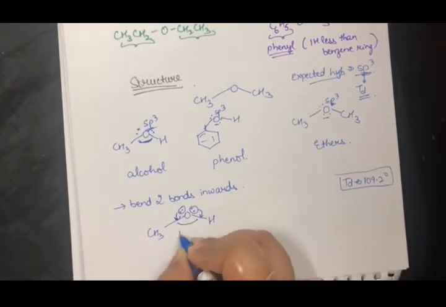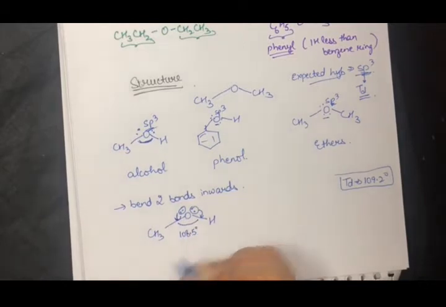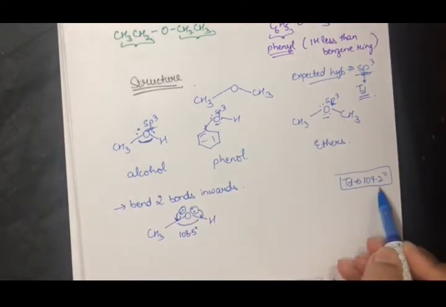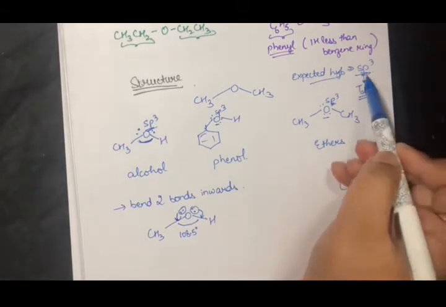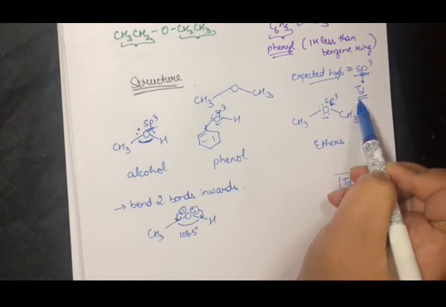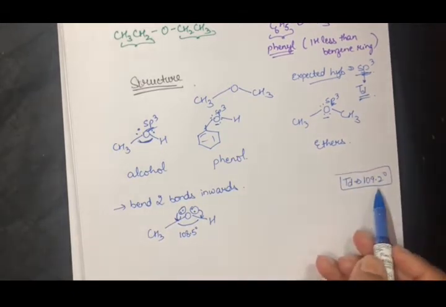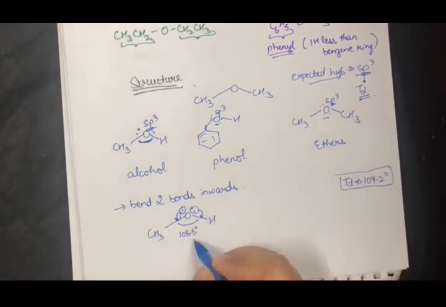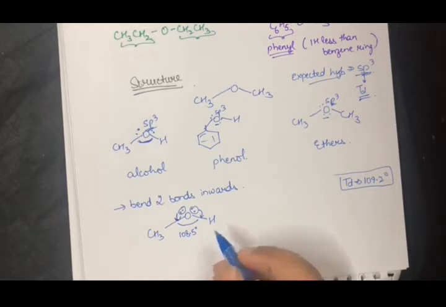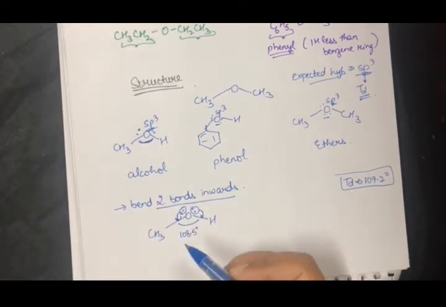Here the angle becomes 108.5 degrees. What should it ideally be? It should be 109.2 degrees, since we have assumed that it is sp3 and tetrahedral in structure. But instead it shows 108.5 degrees, which is a little less than the tetrahedral angle. What is the reason? The two lone pairs have bent the bonds inwards.